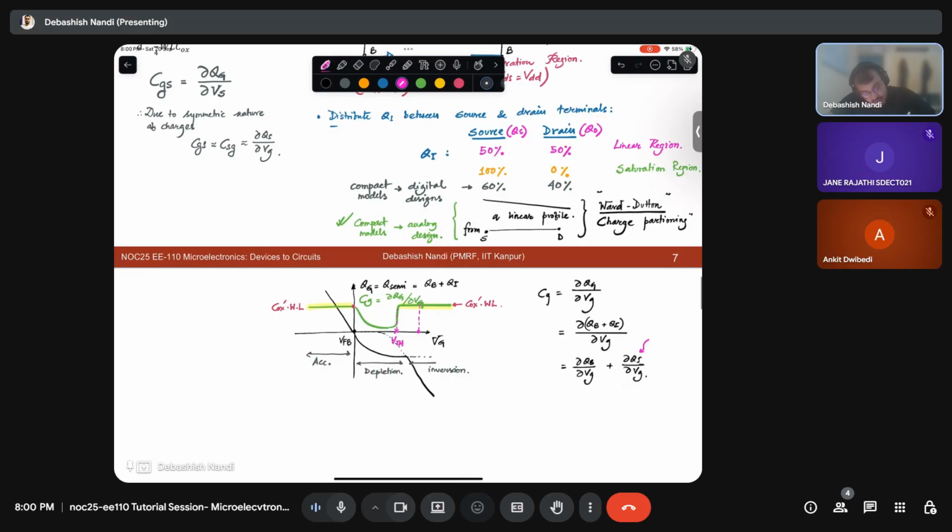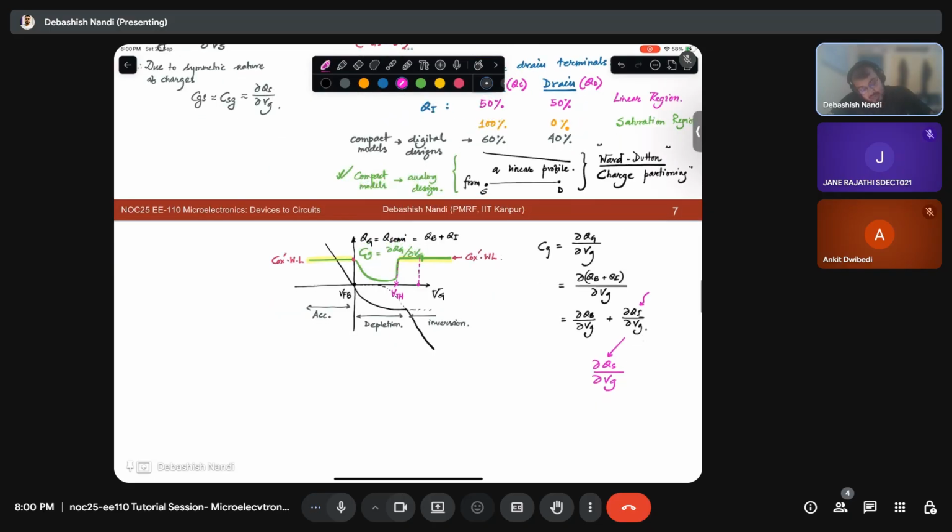So these have two components, dQs by dVg, another one is dQd by dVg. What is the value of this? In strong inversion, we have seen it is Cox WL.